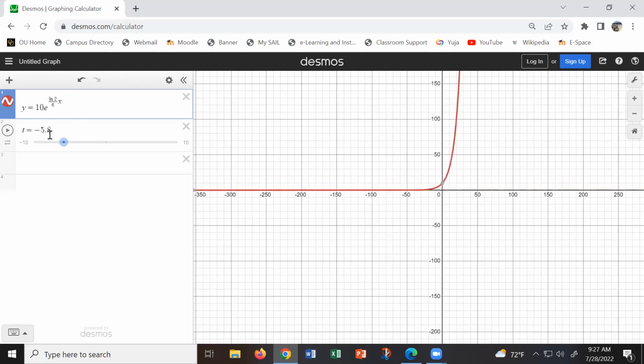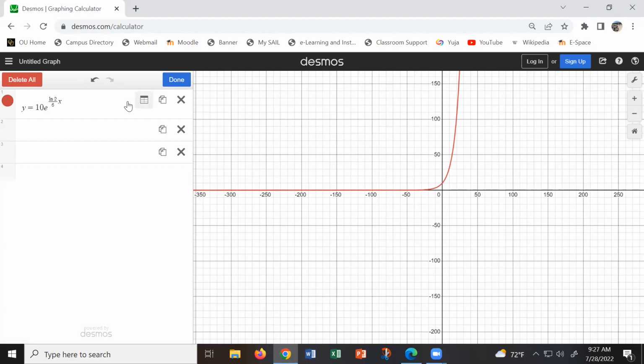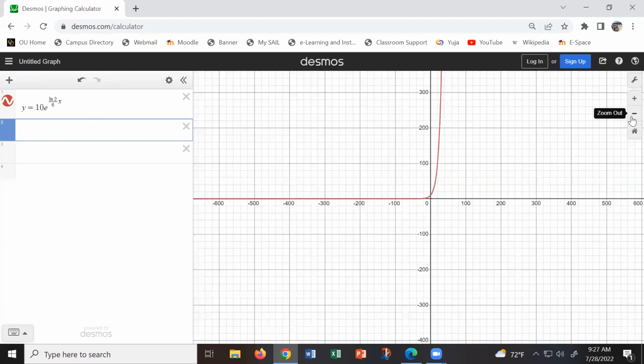It doesn't like t, so I'll use x. Okay, how do I make this? Oh, right, I don't have to. I'm sorry, I can just click on the thing.